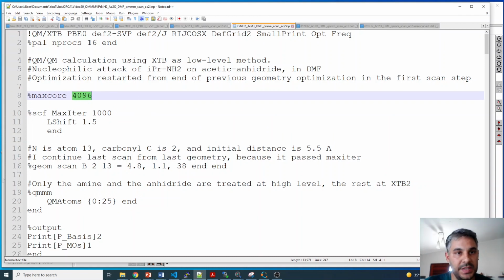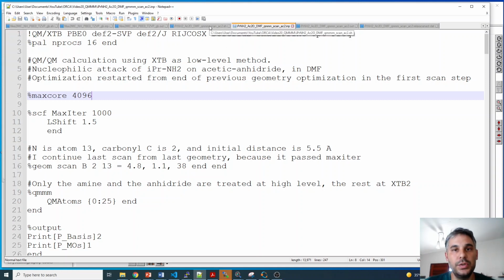So I'm specifying this because the shell file that I'm using to run the calculations needs to have some information in order for the XTB program to run. So Orca doesn't have an embedded XTB method yet, so it calls an outside program, which is the XTB program by Grimme and collaborators, which is installed on a different folder.